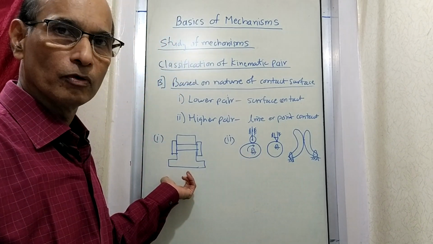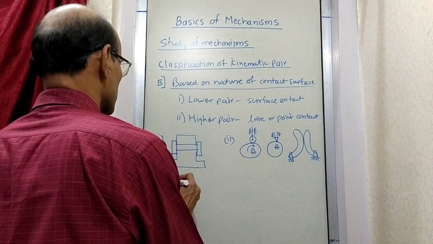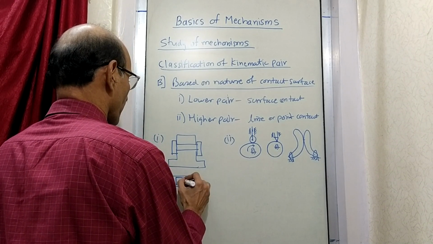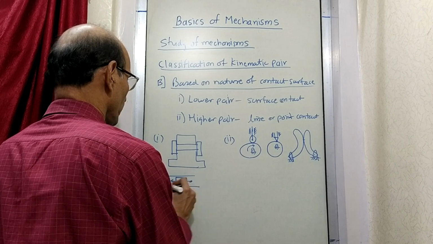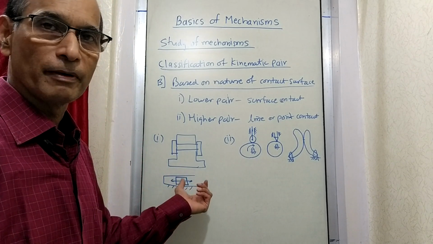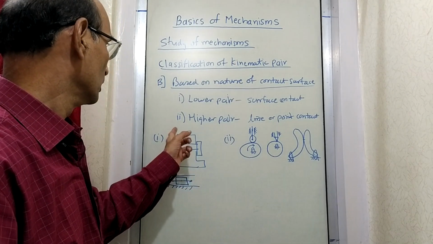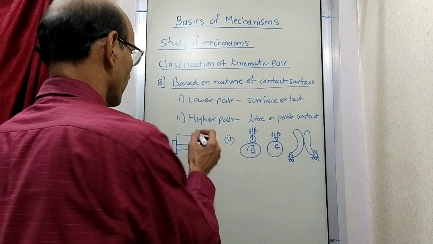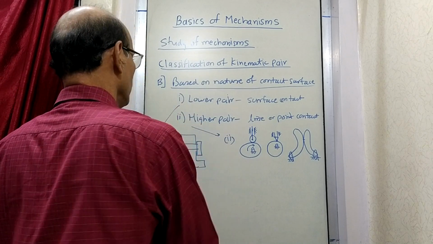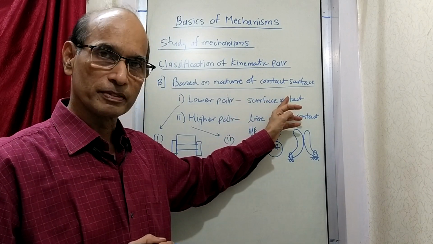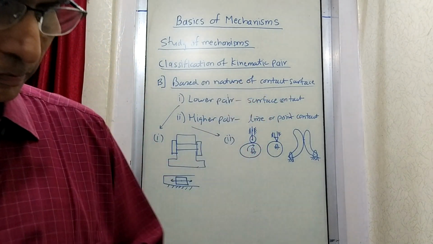Even the slider and piston, which we have drawn earlier: a piston moving inside the slider has a surface in contact, so it is a lower pair. These are examples based on nature of surface in contact. So jot this down.